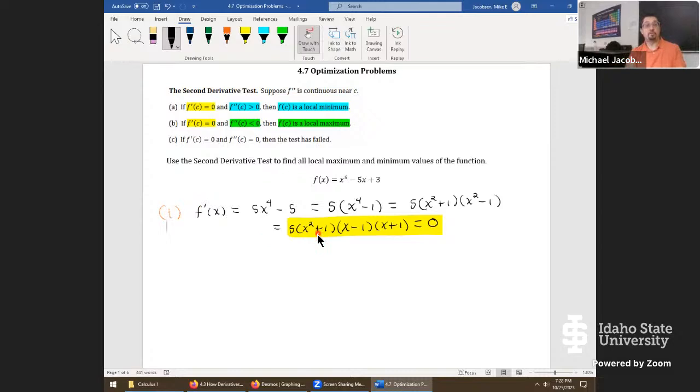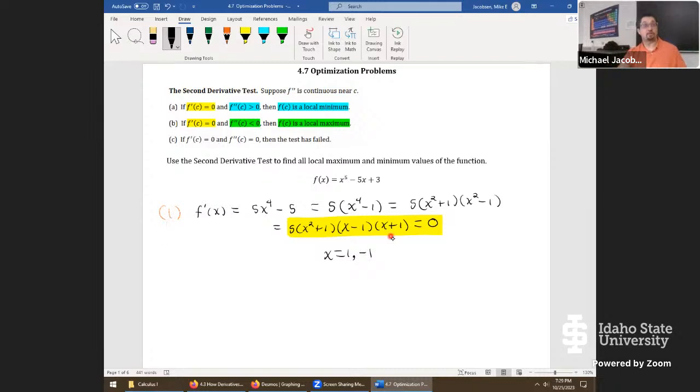From this, there is no real number solution that would produce a 0 there. X squared plus 1 is at minimum a positive 1. But you could get a 0 factor here. You could set x to positive 1. And you could make this whole factor 0 by setting x to a negative 1 in that location. So those are immediately our only solutions.